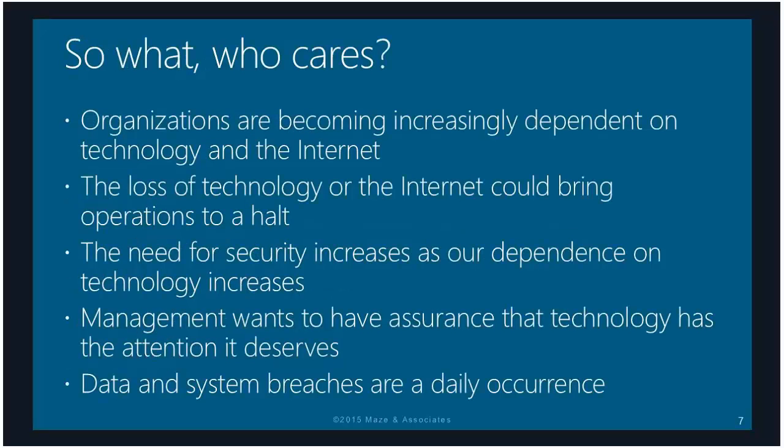So what? Who cares? If you've been here for a couple of decades, you've noticed that over the years we've become more and more reliant upon computers and computer systems, even to the extent of the internet today, when we're talking about cloud-based services or services that are not in the local network of your organization.